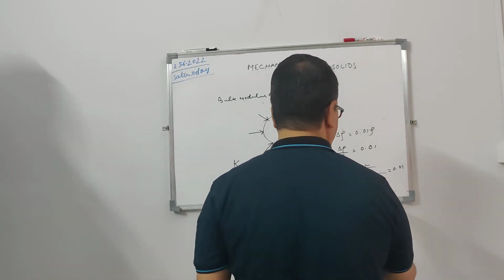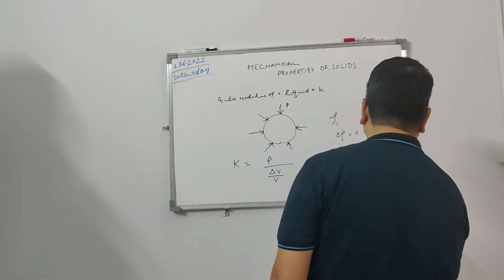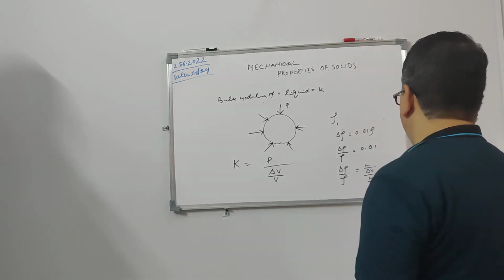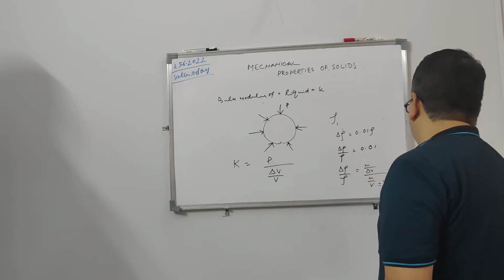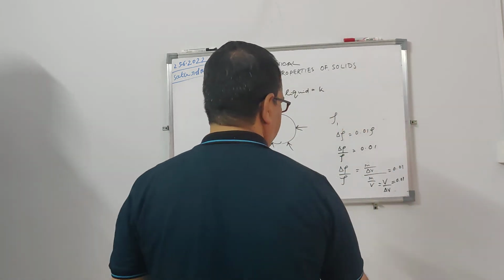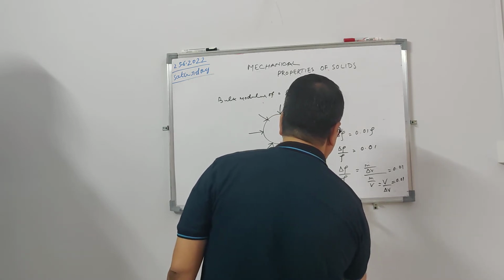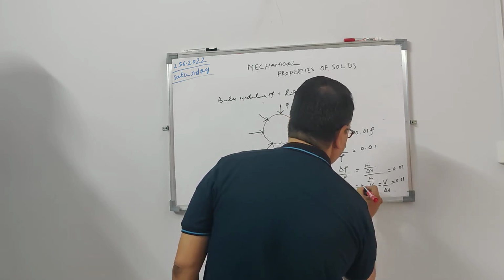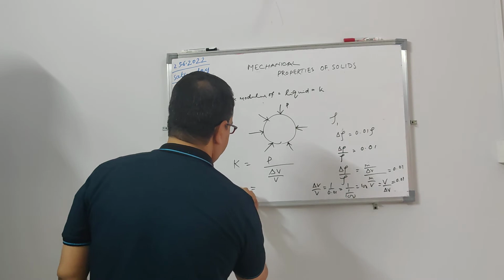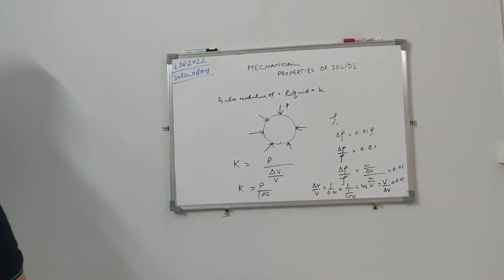The reciprocal, delta V by V, is equal to 1 by 0.01, which is 100. So K is equal to pressure divided by 100.